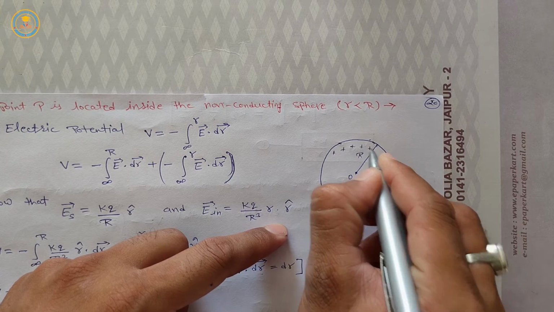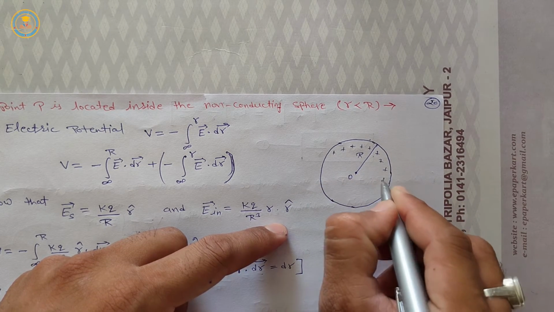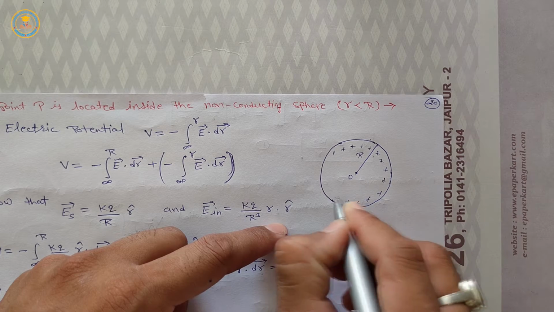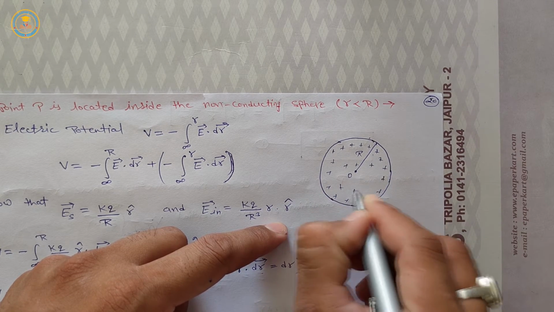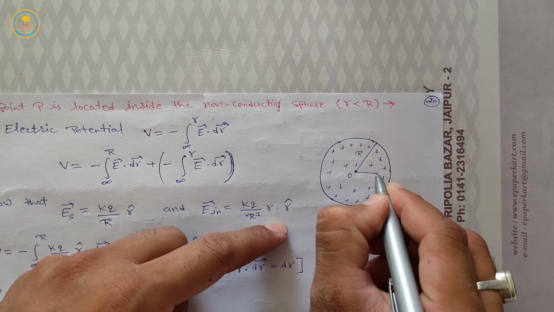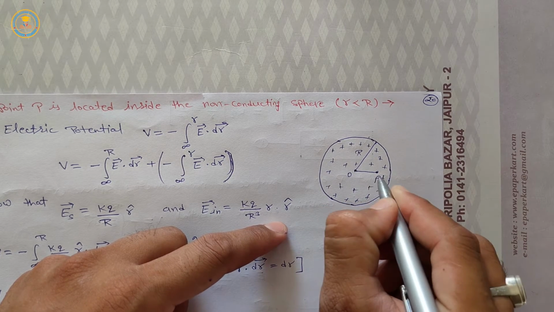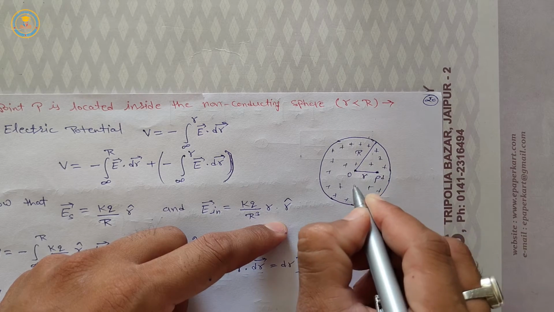This non-conducting sphere is charged by plus Q charge equally like this, and point P is located inside this non-conducting sphere. This is point P and this is R.